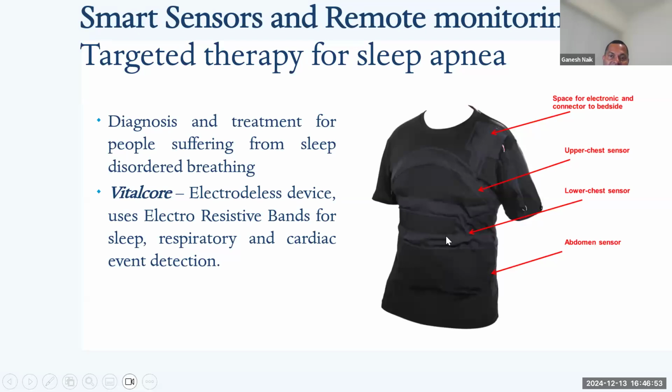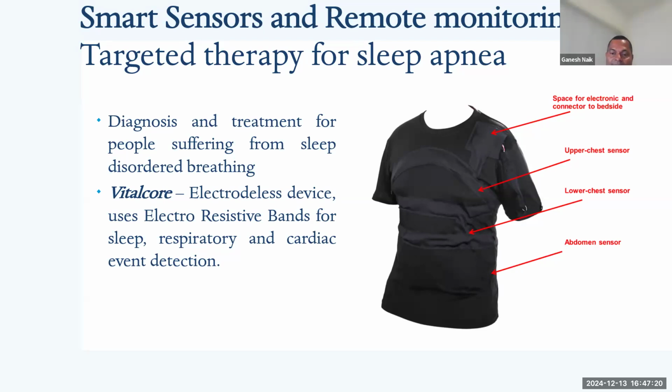They were basically just resistive bands. So during breathing in and breathing out, you could get the classic sinusoidal signals. Using those signals, one sits on the upper chest, one on the lower, and one on the abdomen. So then that could give you the respiration as well as the heart related parameters.